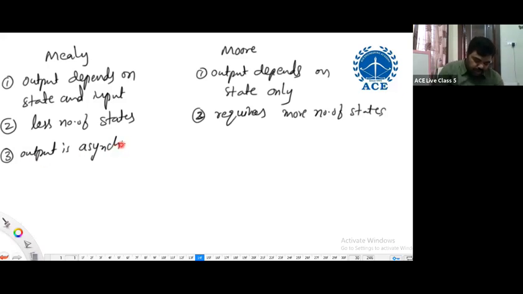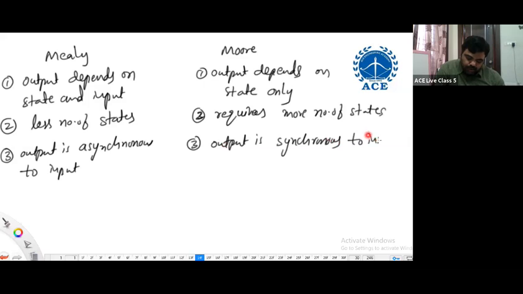But in Moore, even though changes are there in the input, they affect the state and the output only at the next clock. That is synchronous: output is synchronous to input.